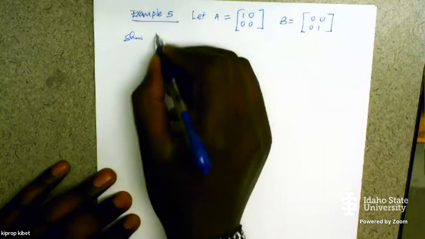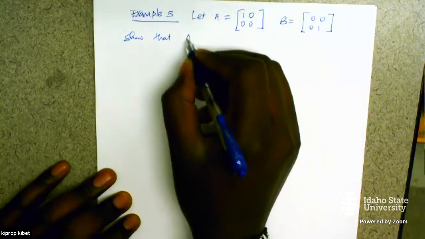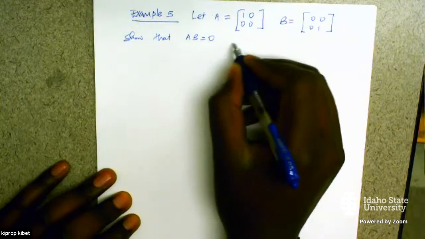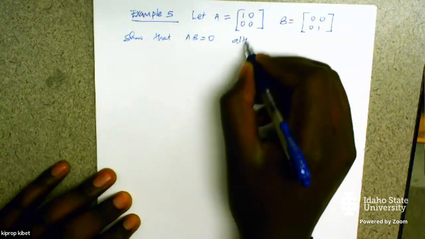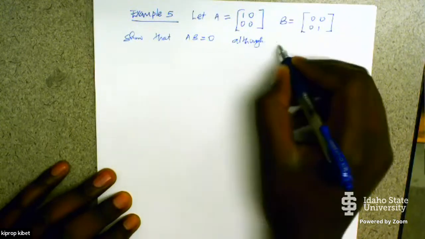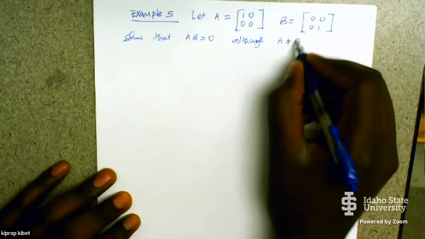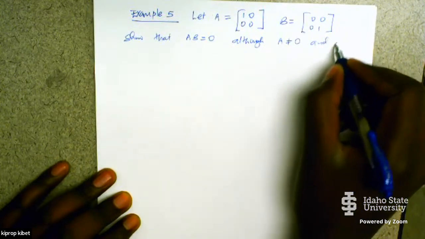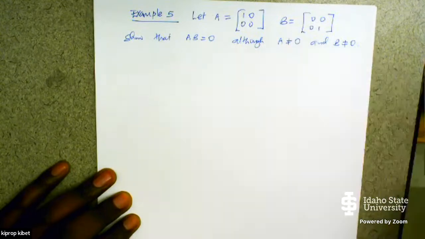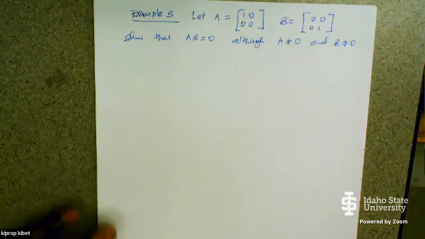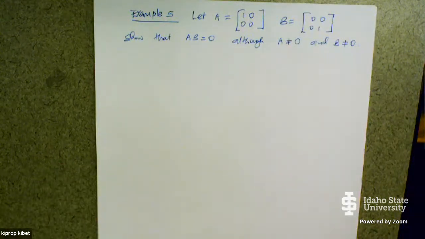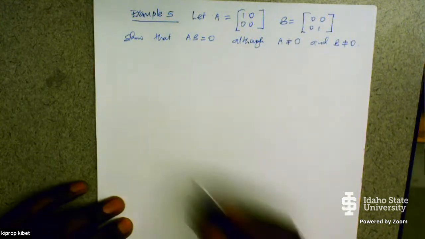Show that AB equals 0, although A is not equal to 0 and B is not equal to 0. So this is one example in which AB equals 0 and A and B are not equal to 0.